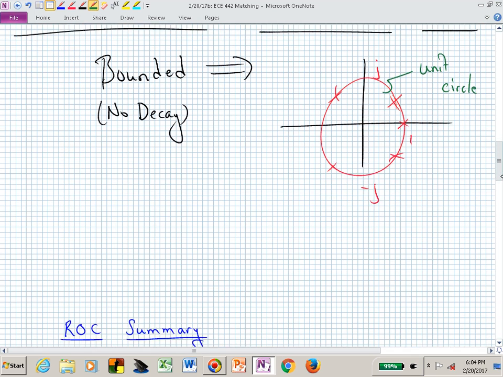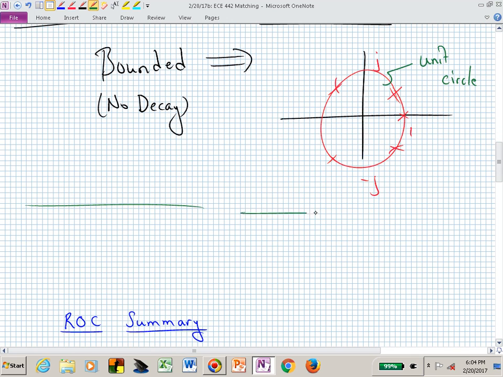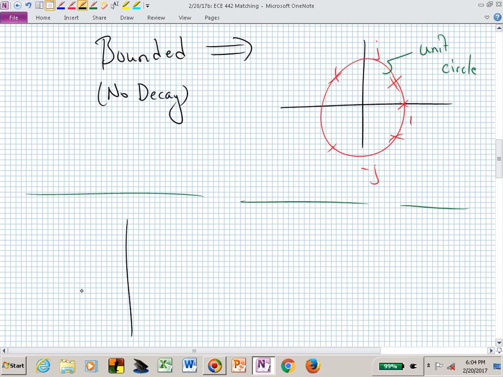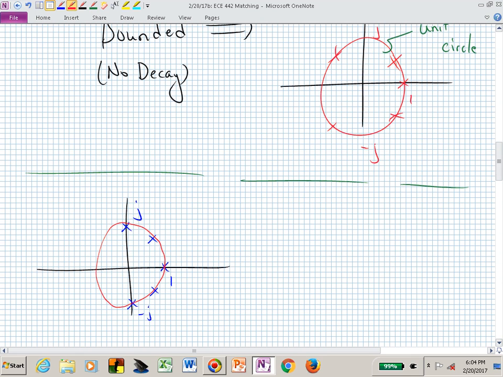The second question, I believe, so let me say question 2 and give myself some more space. What if I had the following? Let's say that's at 1, and let's say this is at j and minus j. I could be anywhere on the unit circle, so assume that that's on the unit circle.